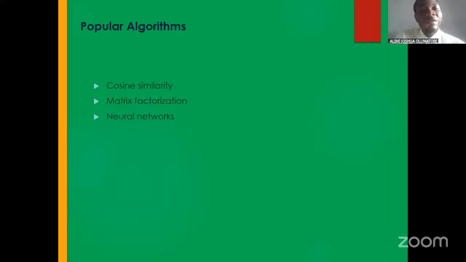And also, we have matrix factorization. Just imagine a giant table, with rows as users. Like you draw a box, and I'm number one on that box, and number two is Kende on that box.